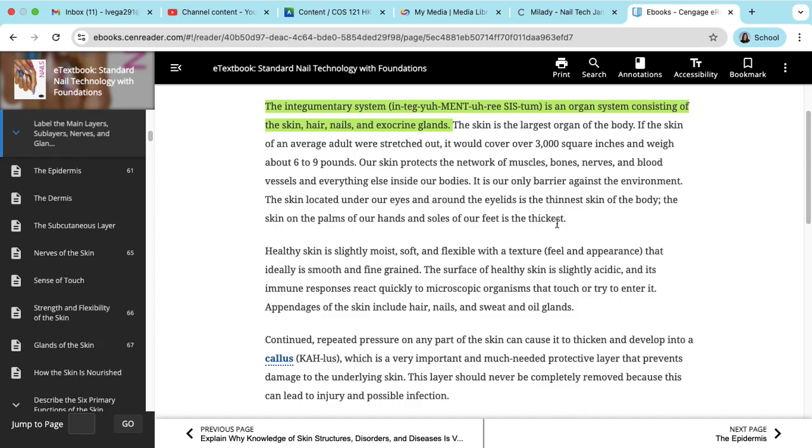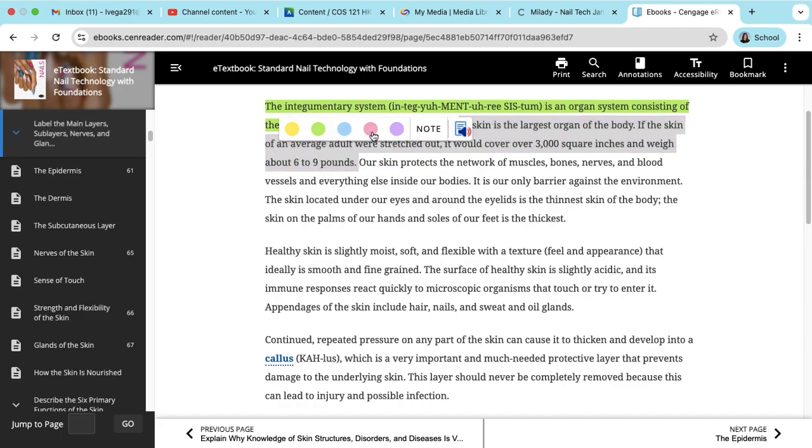If the skin of an average adult were stretched out, it would cover over 3,000 square inches and weigh about 6 to 9 pounds. Our skin protects the network of muscles, bones, nerves, and blood vessels, and everything else inside our bodies.